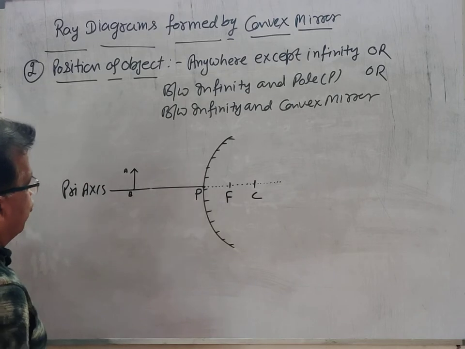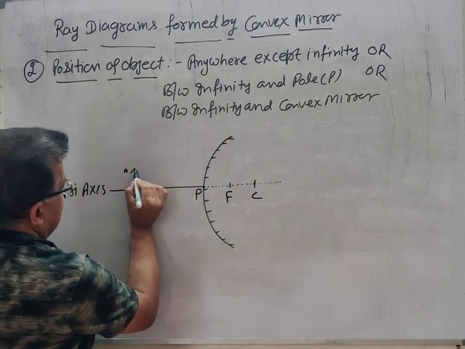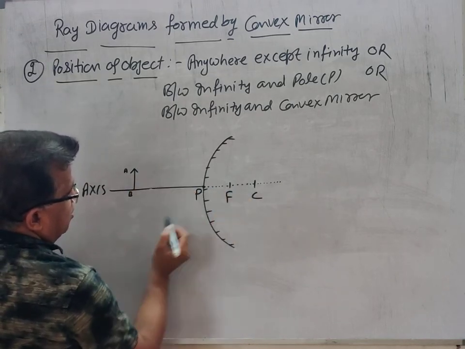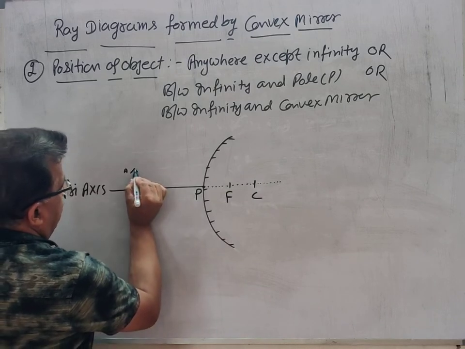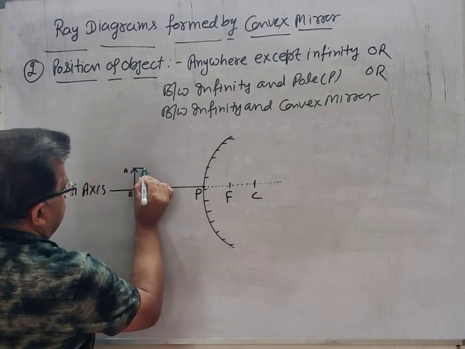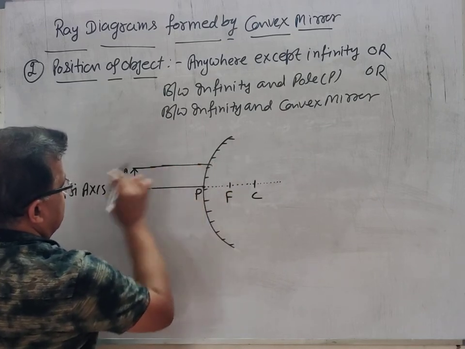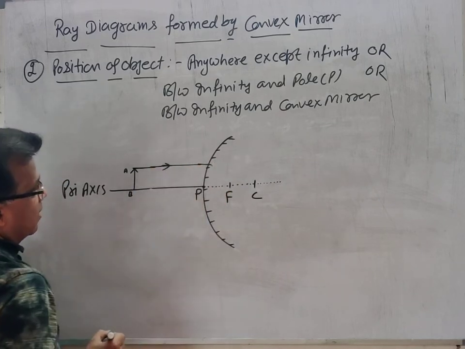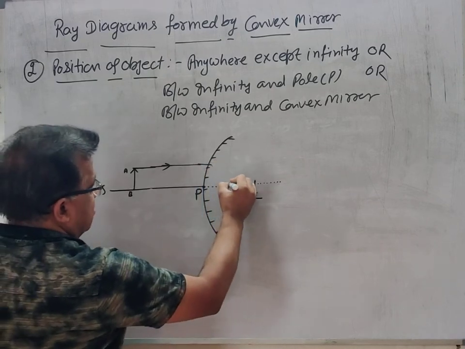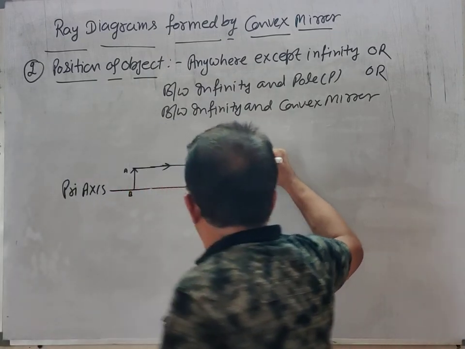Now you can show one ray parallel. It is parallel, incident ray is parallel, and when it strikes, what will happen?